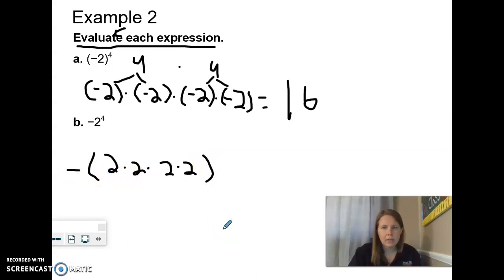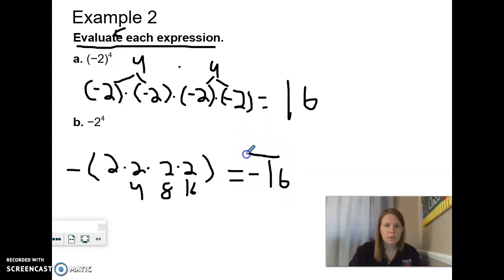So ultimately, my answer is going to be negative. Well, 2 times 2 is 4, 4 times 2 is 8, 8 times 2 is 16. So in this case, I get an answer of negative 16. So it will be important to understand: does it have a negative within parentheses, or is it just a negative no matter what?